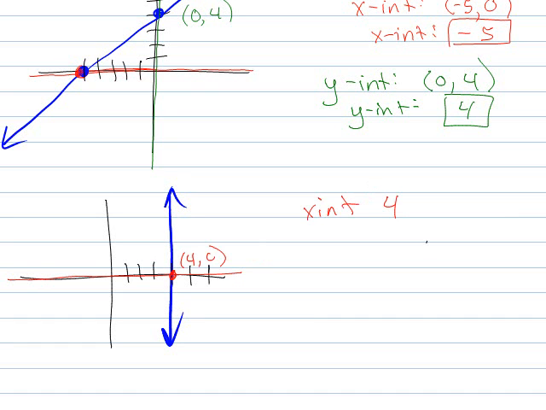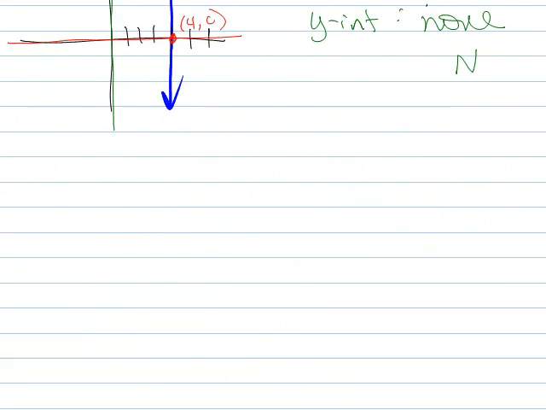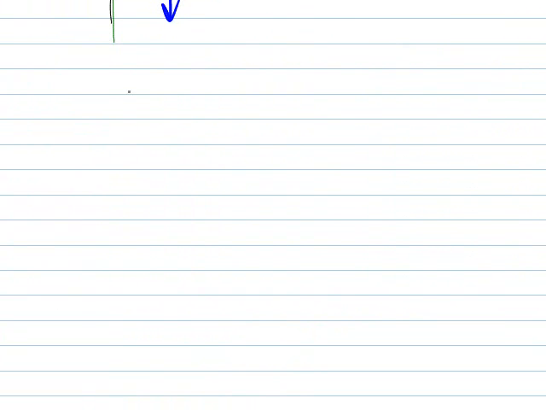But if you were trying to find the y-intercepts, it doesn't have any. It doesn't intersect the y-axis. And usually on your homework it says something like type n for none, and that would be sufficient. Let's try one more example just to make sure you got it.